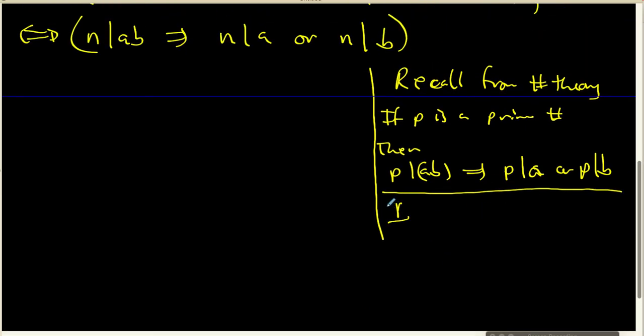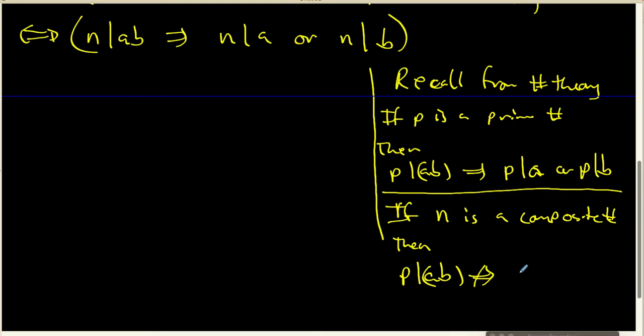We also know from number theory that if the number n is a composite number, then n divides the product ab does not imply that n divides a or n divides b.